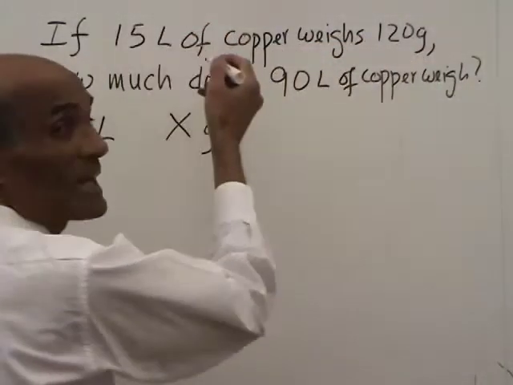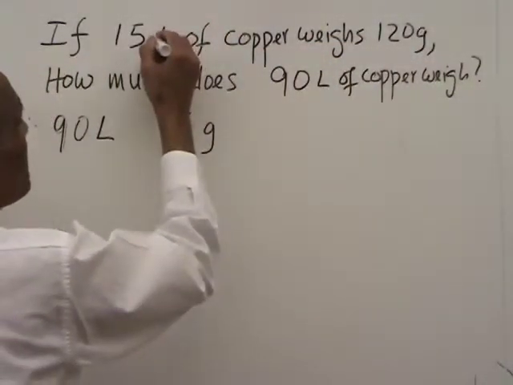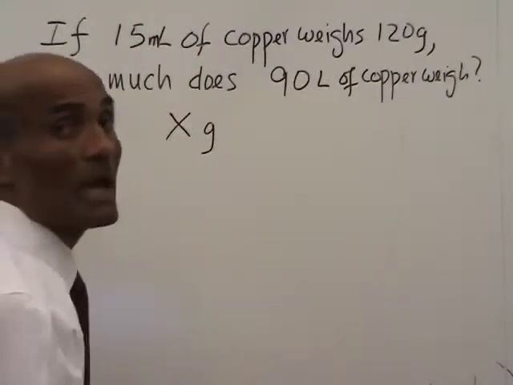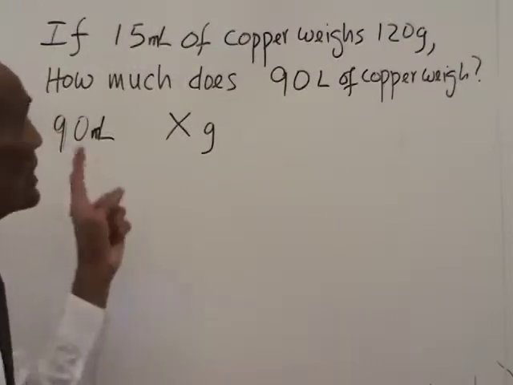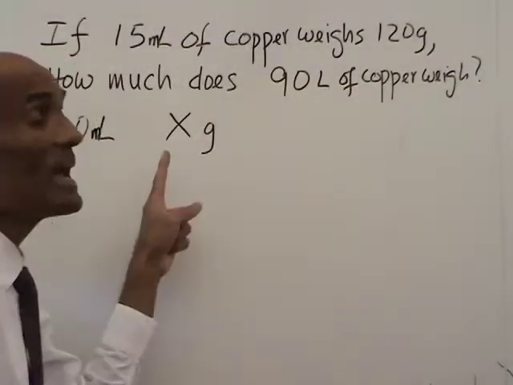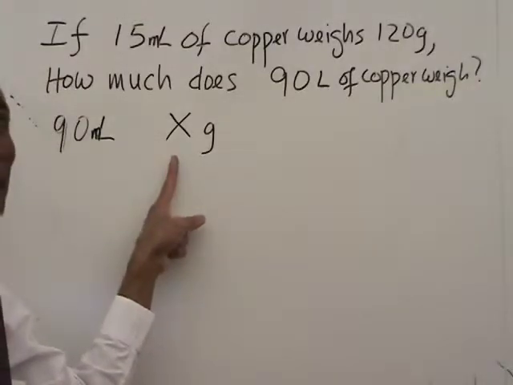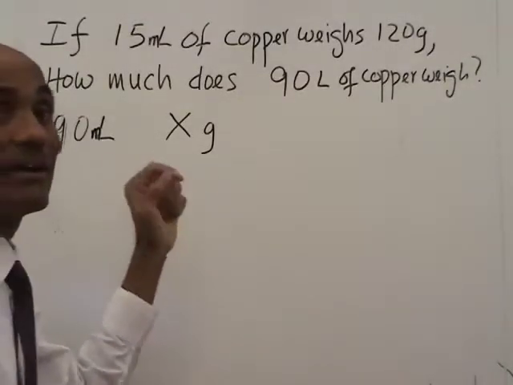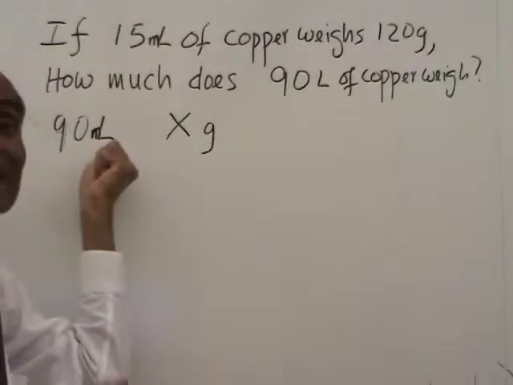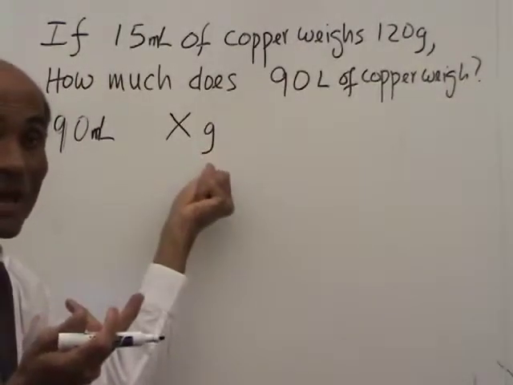Actually, here, in place of liter, it must be milliliter. It doesn't matter for you. We only look at numbers. So, let 90 milliliters of copper weigh x gram. Now, what do we do here? We got two types of quantities. One is the milliliter, the other is the gram.